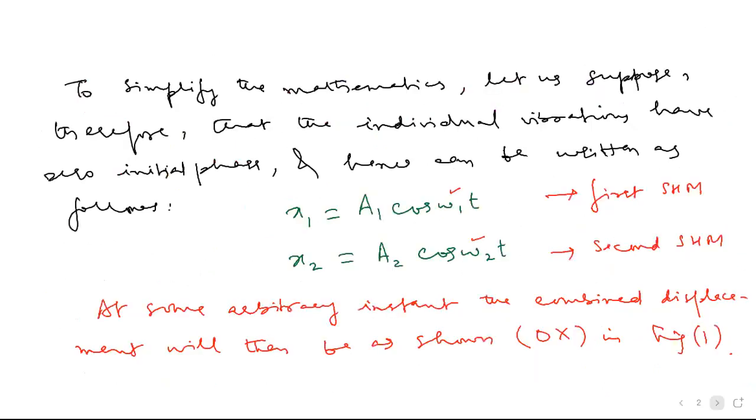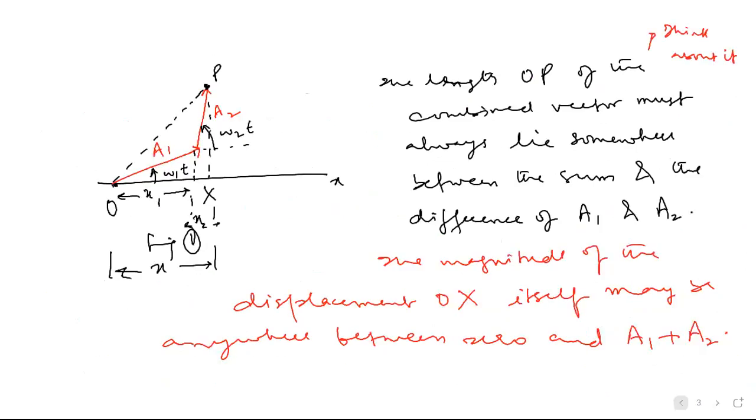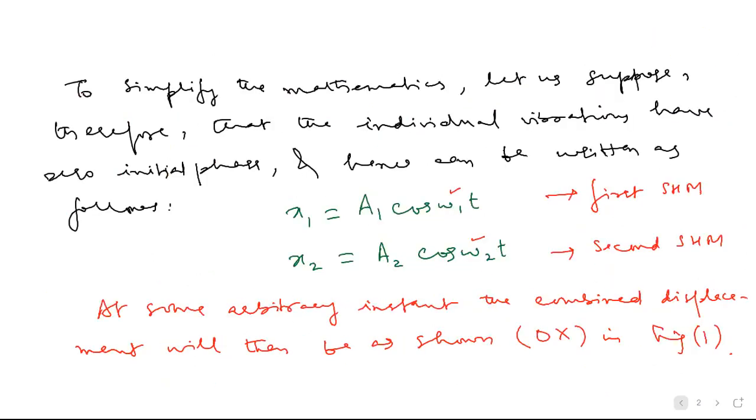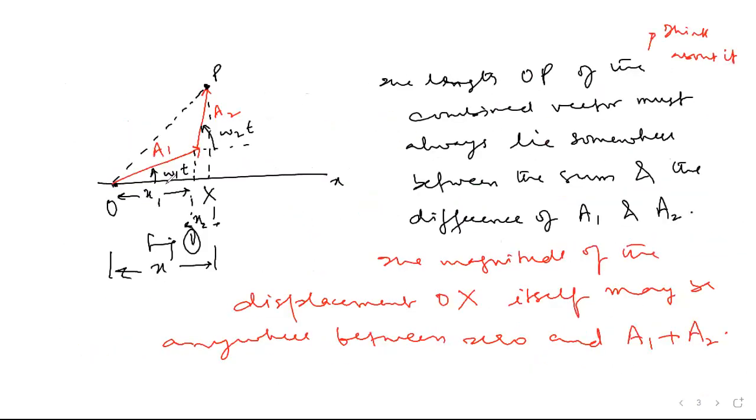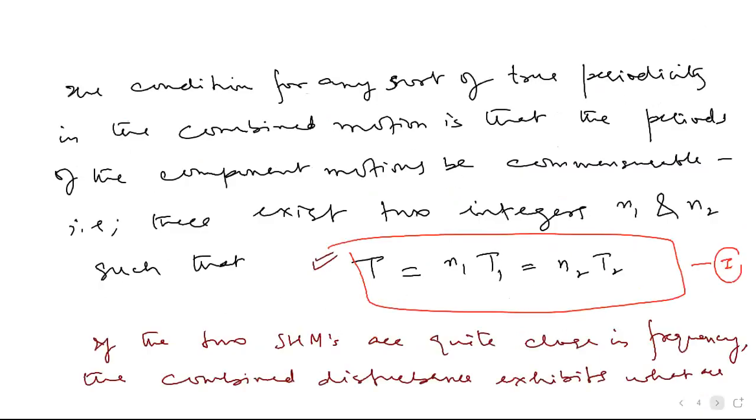That has consequences. We gave the rotating vector representation of the situation. We said this OP vector will change with time, but it will lie between the sum and difference of A1 and A2, and the resultant displacement will lie between 0 and A1 plus A2.